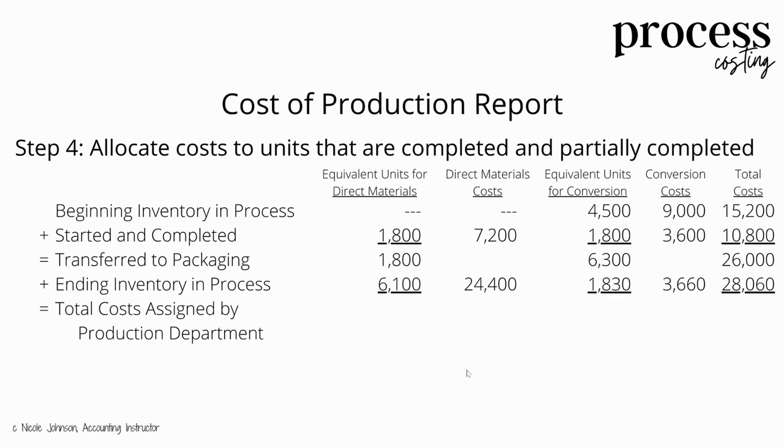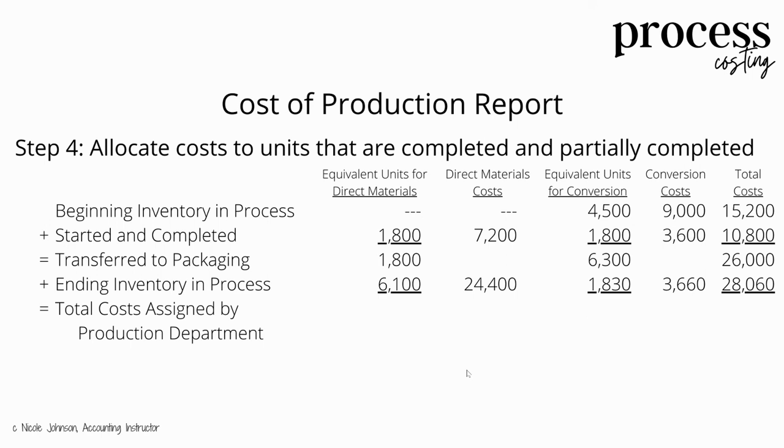For ending inventory in process, we had 6,100 equivalent units for direct materials. We multiply this times $4 per equivalent unit, we get $24,400 in direct materials costs. For equivalent units for conversion, we have 1,830 that we multiply times $2 per equivalent unit, and we get $3,660 in conversion costs.